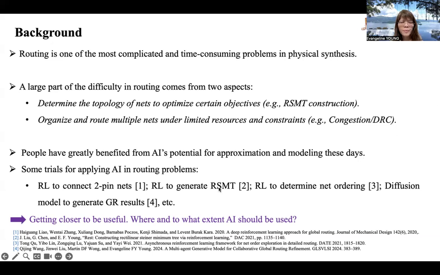And finally, last year from our group, we have this diffusion model to do global routing. So we can see that we are gradually moving towards a more practical goal, from one two-pin net to one single multi-pin net to now routing all the nets in global routing.